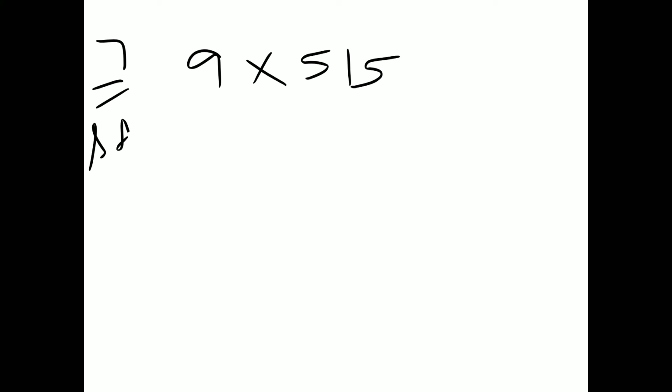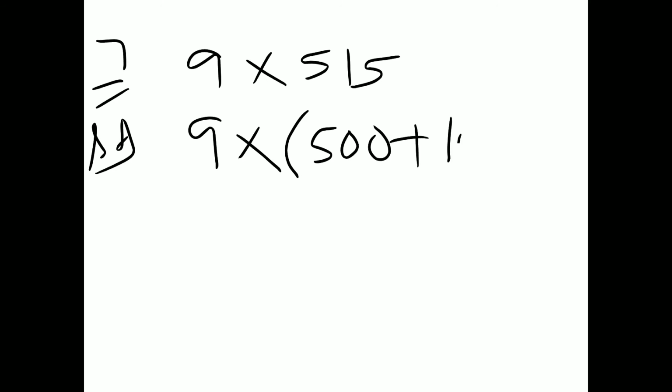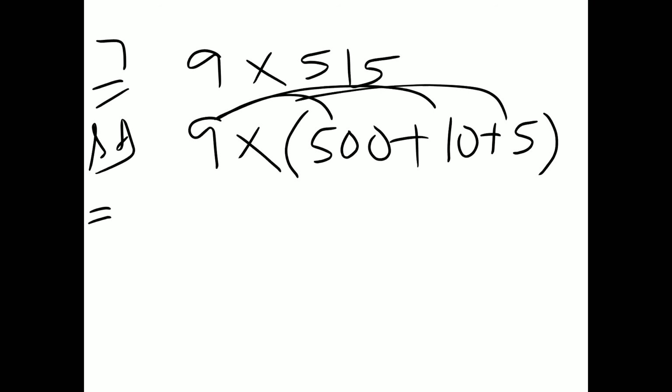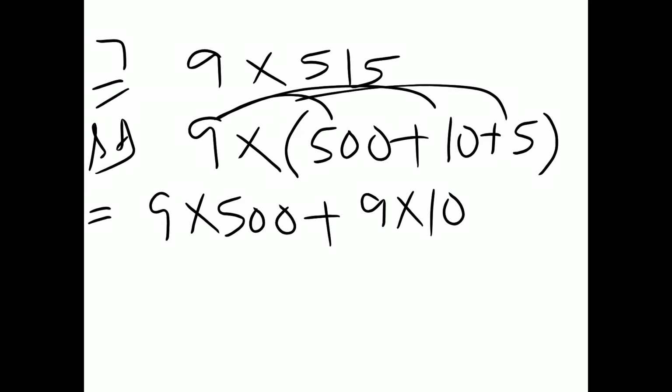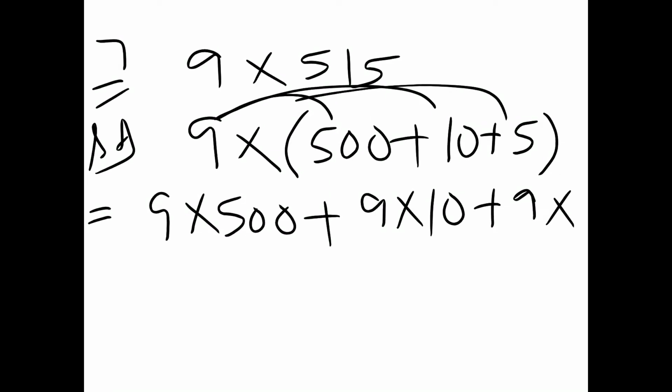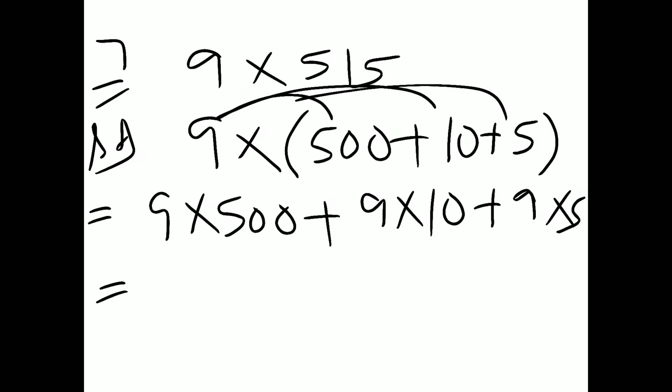Now we do the next part. 7th part. 9 into 515. So how do we do it? You write 9 as it is into 500 plus 10 plus 5. Multiply 9 with this number also, this number also, this number also. 9 into 500 plus 9 into 10 plus 9 into 5. 9 5s are 45.